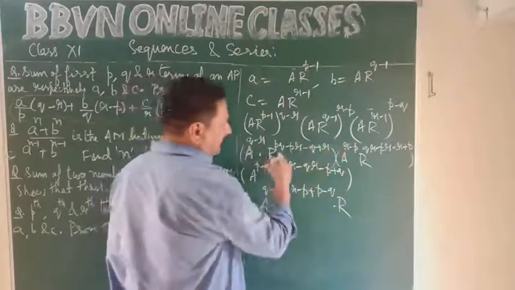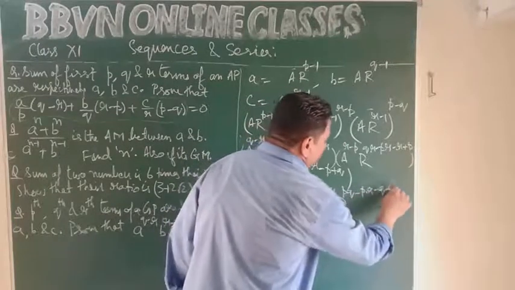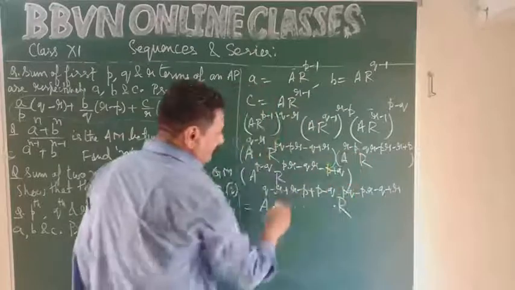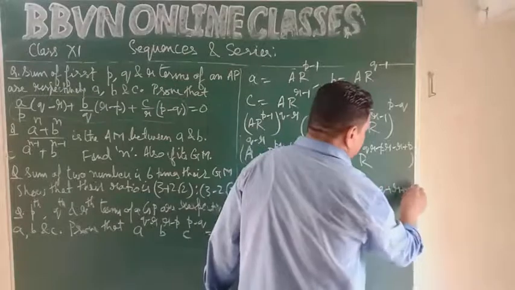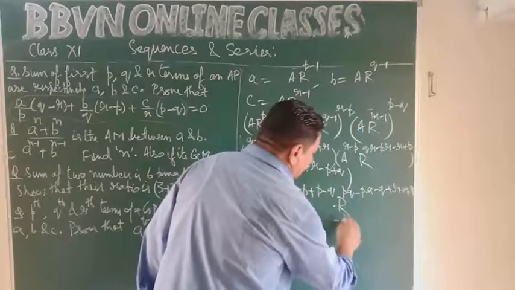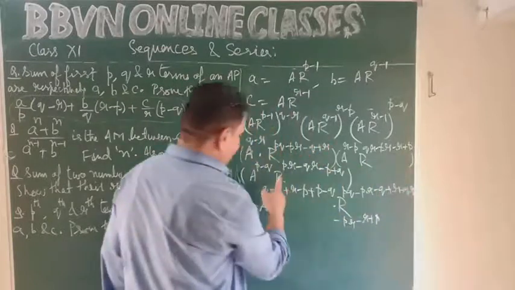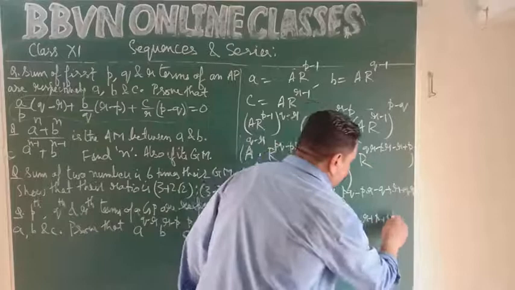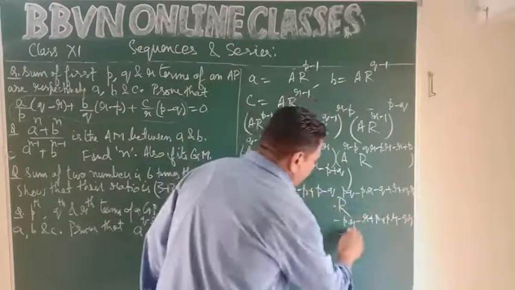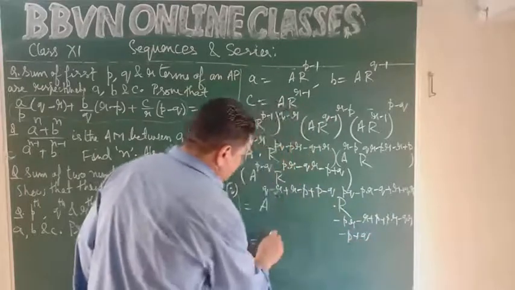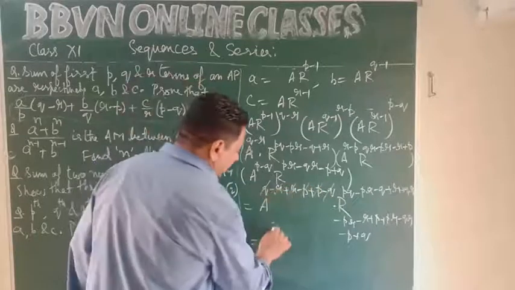All the powers will be added: pq minus pr minus q plus r, plus qr minus pr minus r plus p, plus pr minus qr minus p plus q. q minus q cancel, p minus p cancel, r minus r cancel, A to the power 0.